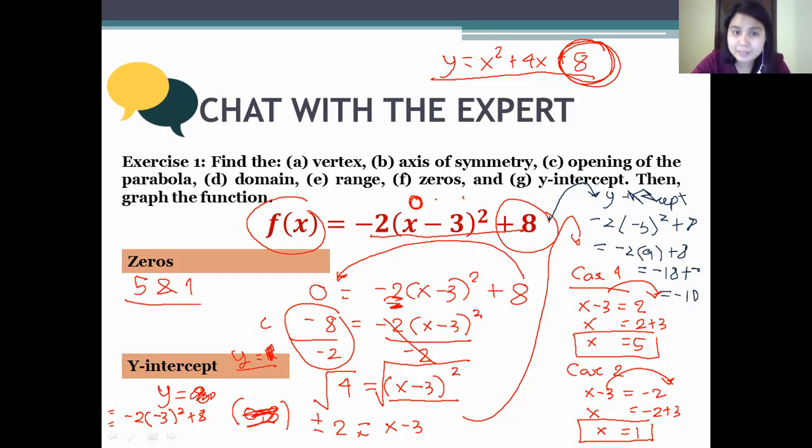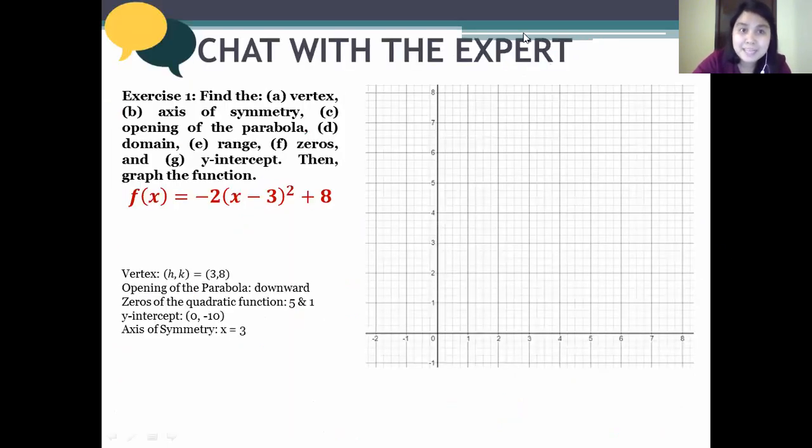Now we graph it. Based on our activity, these are the values that we have found. Let us graph. Let's start with the vertex, 3, 8. That's the vertex.